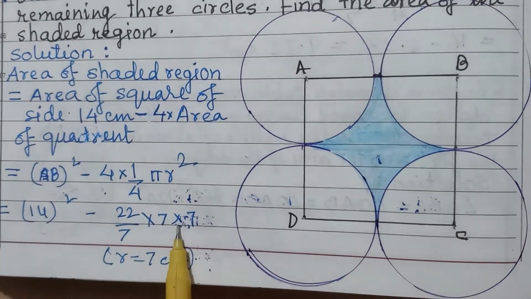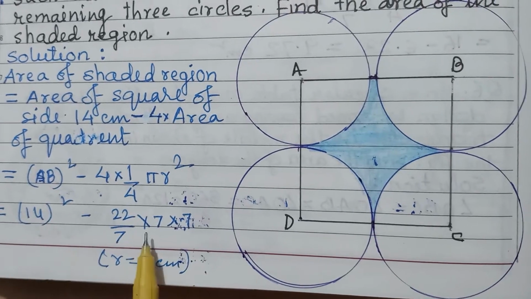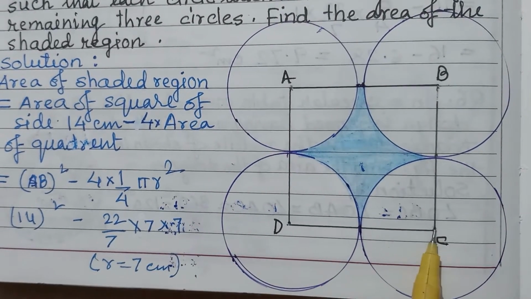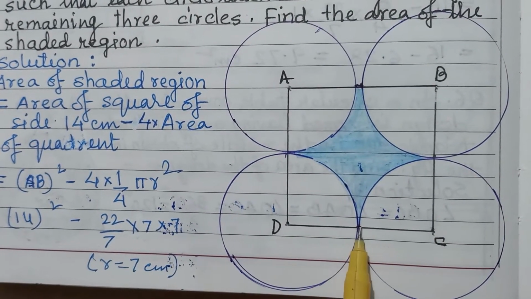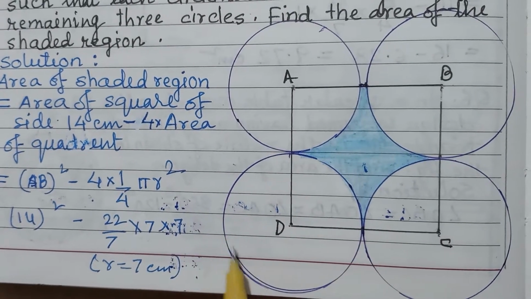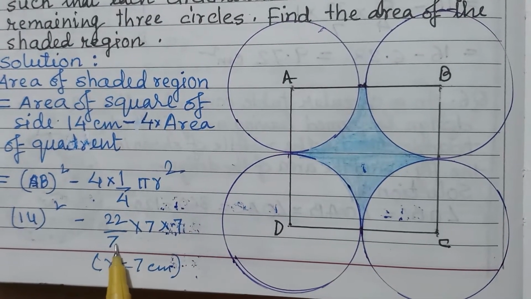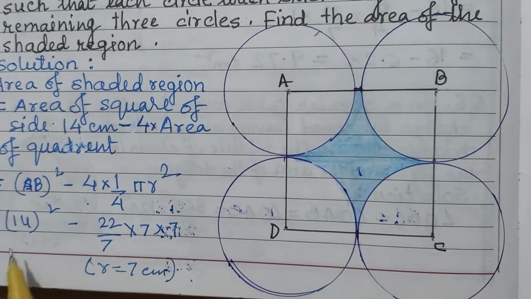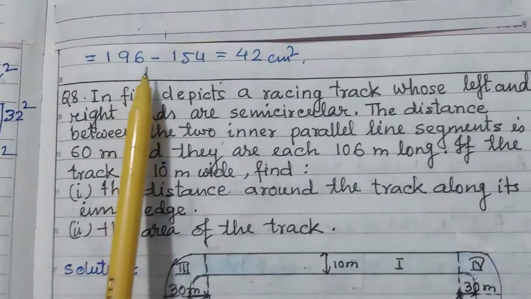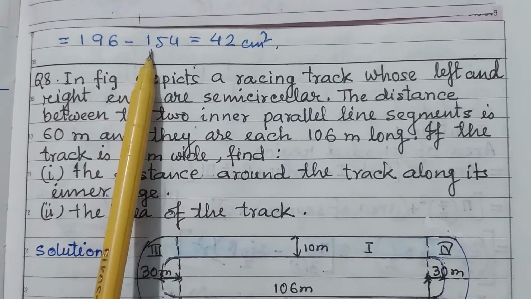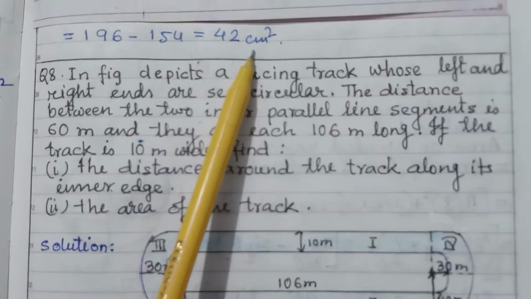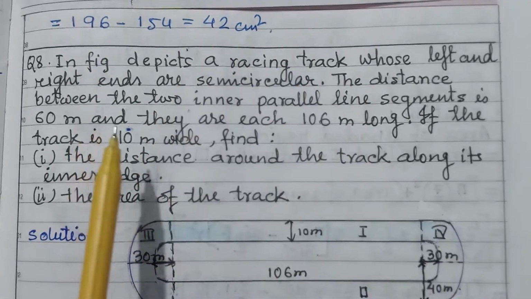The length is 14, so half is 7 centimeter, the radius of this circle. So 22 upon 7 into 7 into 7 is 154. 14 square is 196 minus 154, it is 42 centimeter square.